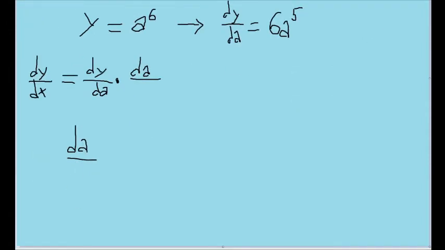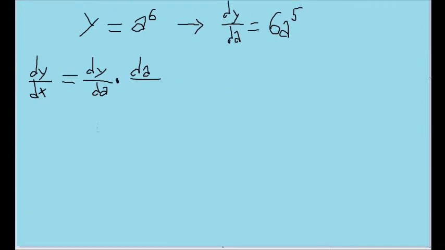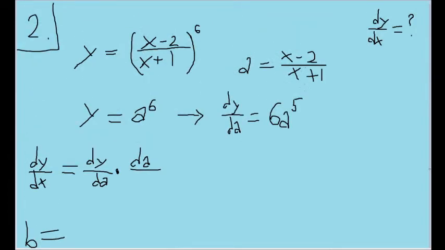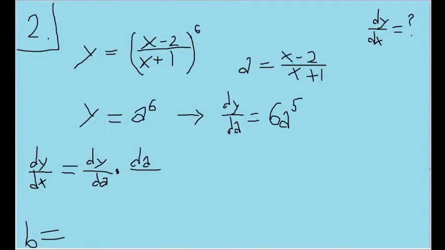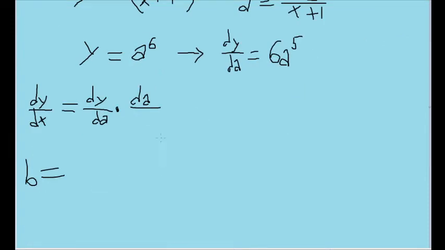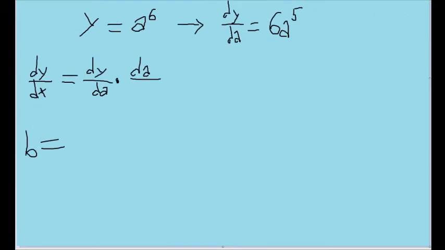And what I think will simplify this function down a bit is I'm going to define a second variable, let's call it b, and let's try and rewrite this function for a in terms of b. If we can do that, then we might be able to get a much simpler function that we can differentiate, and then see where we can go from there. So if we want to simplify this function so that it's easier to differentiate with respect to a single variable, I'm going to say that b is equal to the denominator, x plus 1.